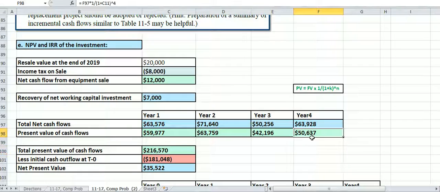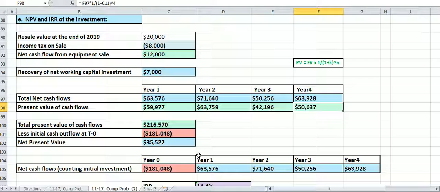So if you think about this, the present value of cash flows for year 4 is going to be lower, because if you had this earning 6% for 4 years, it's going to grow more than it's going to grow just for 1 year here. Okay.